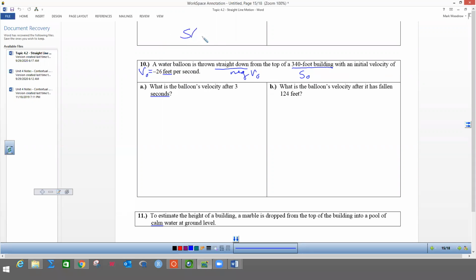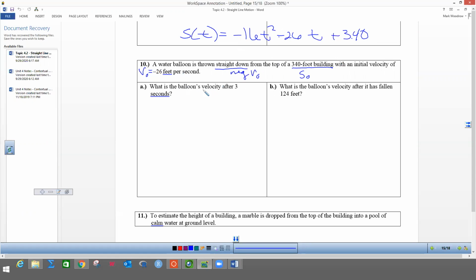That means my position function, when we're talking feet, is negative 16t squared plus v sub naught t plus s sub naught. Plugging these numbers in, this is going to be negative 26 and this is going to be 340.